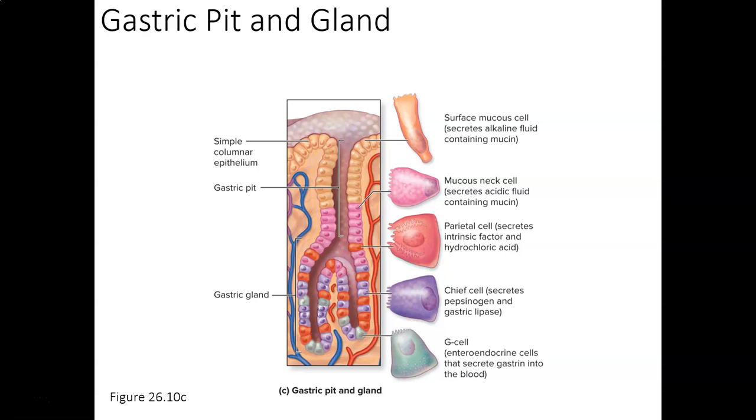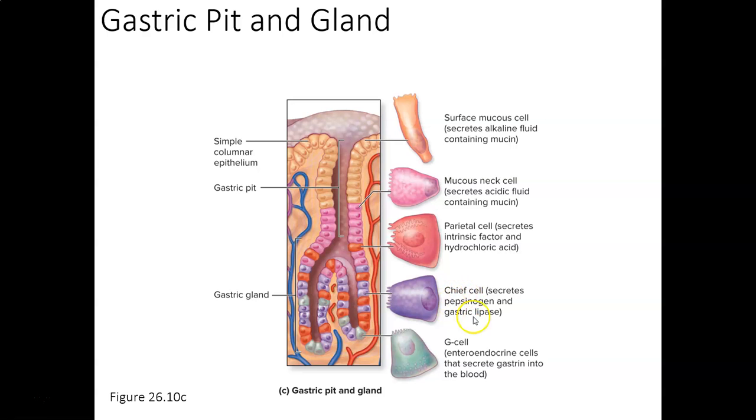That's actually the only essential function of the stomach: the ability to secrete intrinsic factor, because no other cells in our body can do that. So those are the two functions for the parietal cell.